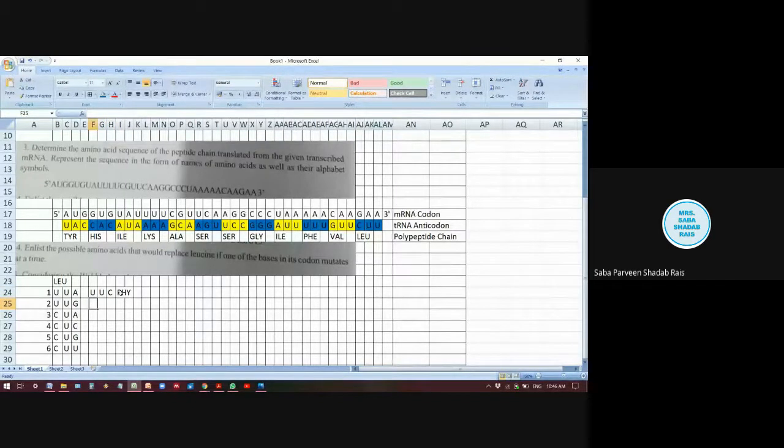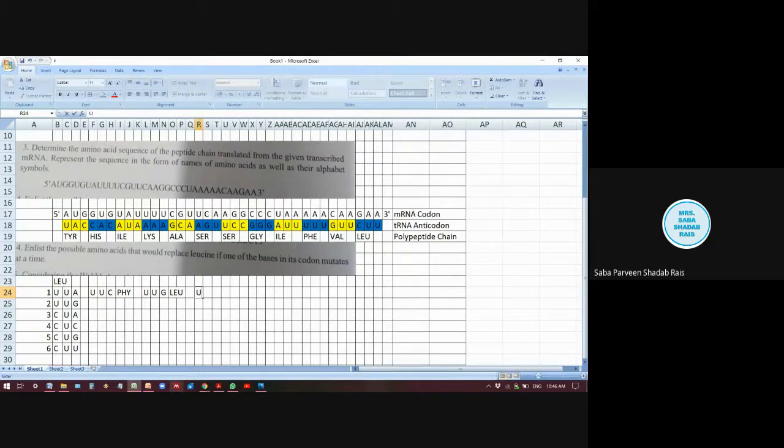Now instead of C, if it has the mutation UUG, what will form? UUG. Come on, tell me. What is UUG? Leucine only, ma'am. Very good. So that means it is not a mutation.